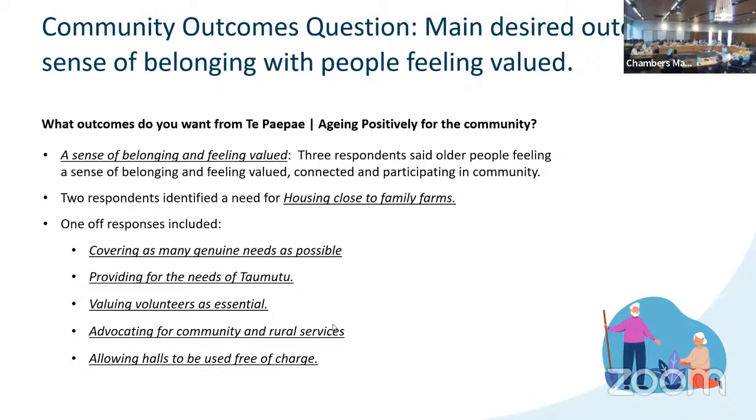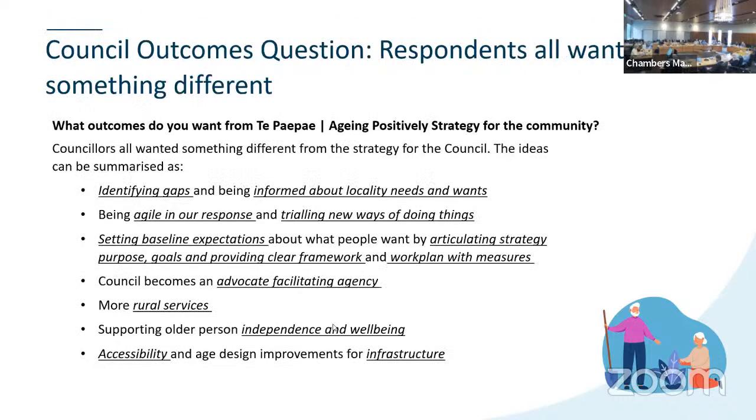And then we had quite a few one-off responses, and all really good guidance for us. So covering as many genuine needs as possible, providing for the needs of tāngata, valuing volunteers as essential, and advocating for community and rural services. And also allowing halls, someone mentioned allowing halls to be used free of charge for some 65 plus people.